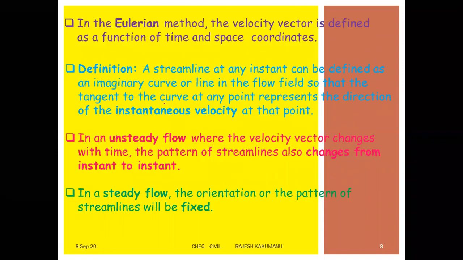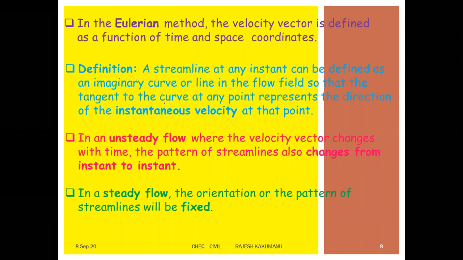Generally, in order to study fluid flows, we have two types of theories. One is the Eulerian theory, the other is the Lagrangian theory. Euler and Lagrange are scientists who made contributions to fluid flows.